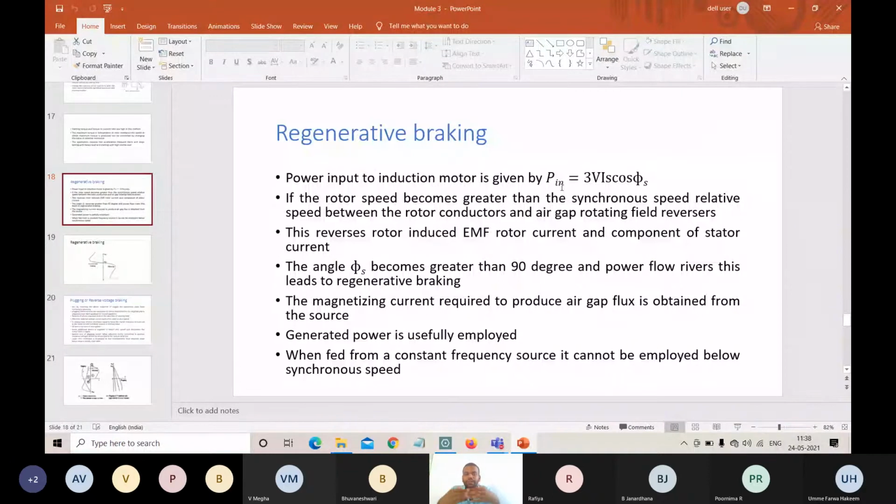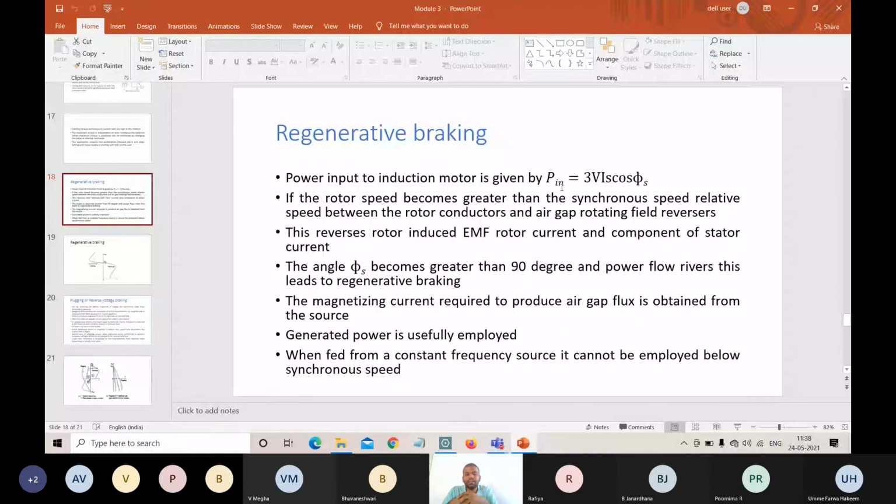Reversing the field is nothing but opposing the actual happening movement. So here the opposing or reversing of air gap flux is the main motto in regenerative braking.